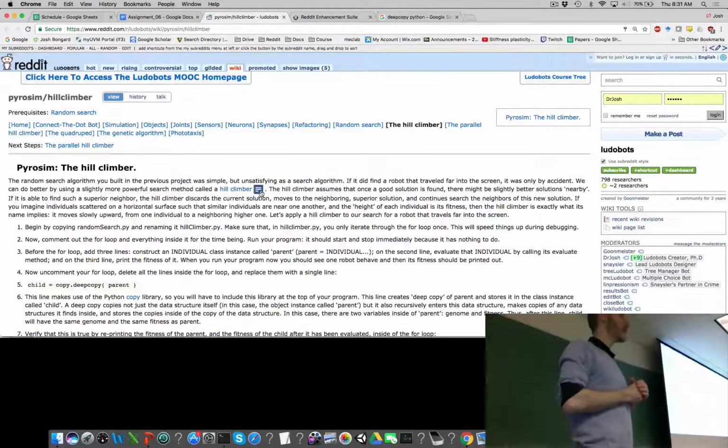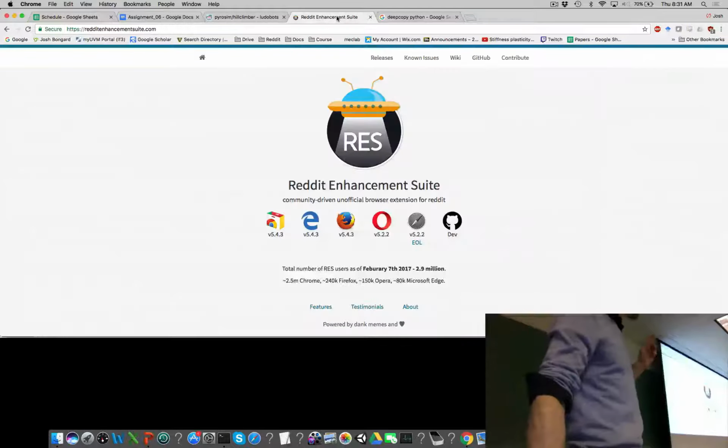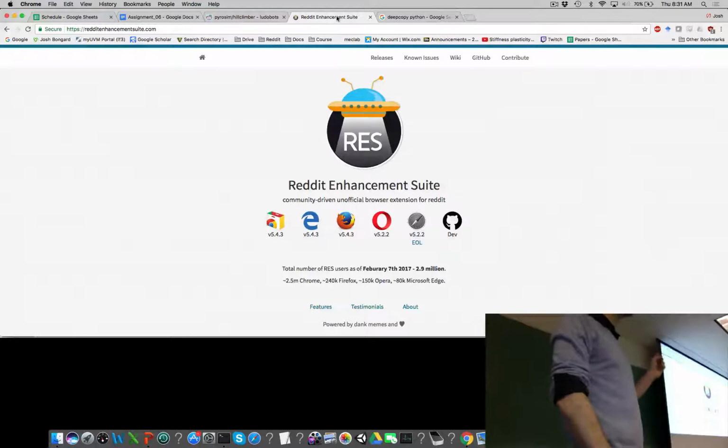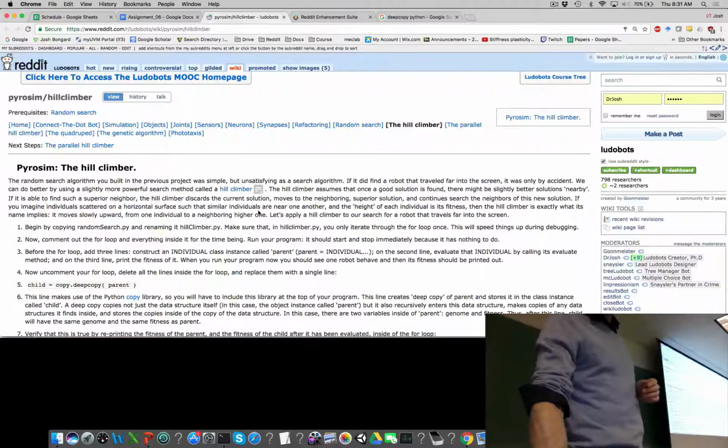I realized this is coming from the Reddit Enhancement Suite. So if you don't have RES, download and get that going. It's a plugin for your browser.